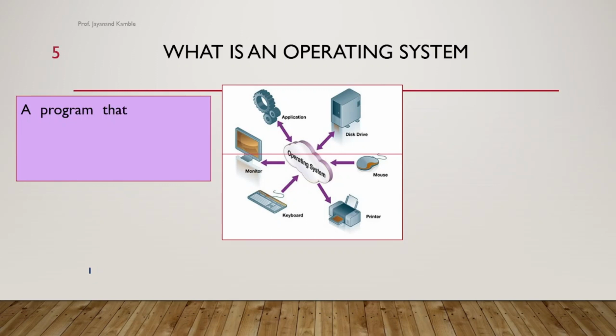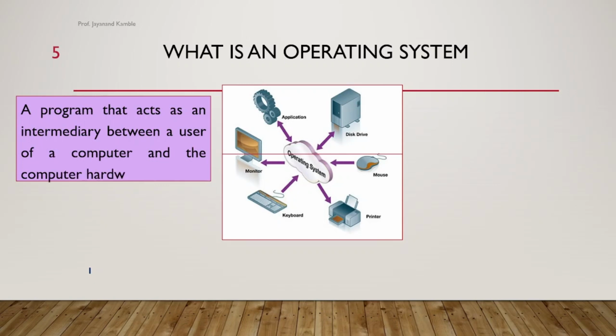It is a program that acts as an intermediary between a user of a computer and the computer hardware. So these are nothing but different computer hardware, and user wants to perform the task by using that hardware. So the operating system acts as an intermediary between user of a computer and computer hardware. That's one definition.